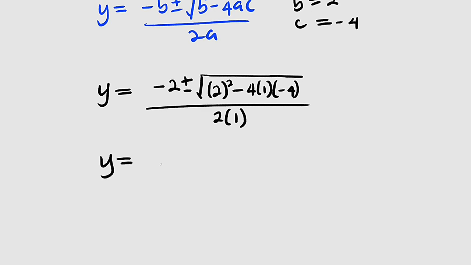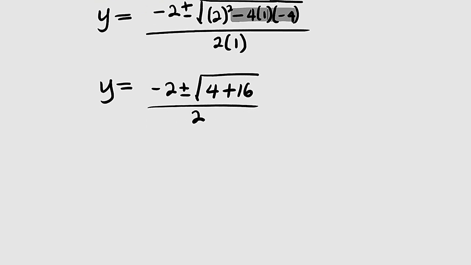y is equal to -2 plus or minus the square root of, if you observe, we have -4 times 1, which is -4, times another -4 is +16. So we have 2 squared, which is 4, plus 16, divided by 2. y is now equal to -2 plus or minus the square root of 20, divided by 2.